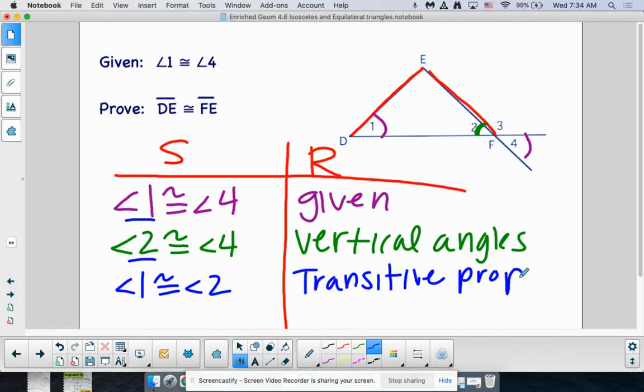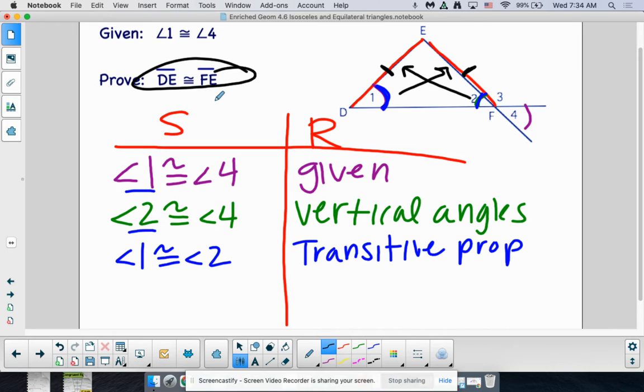So now that we've stated that angle 1 and angle 2 are congruent, we know the sides opposite them are congruent. And that's what we wanted to say the whole time. So now we're done. We can say segment DE is congruent to segment FE.